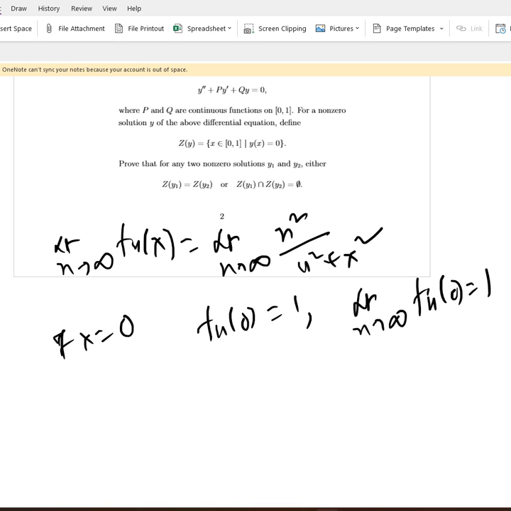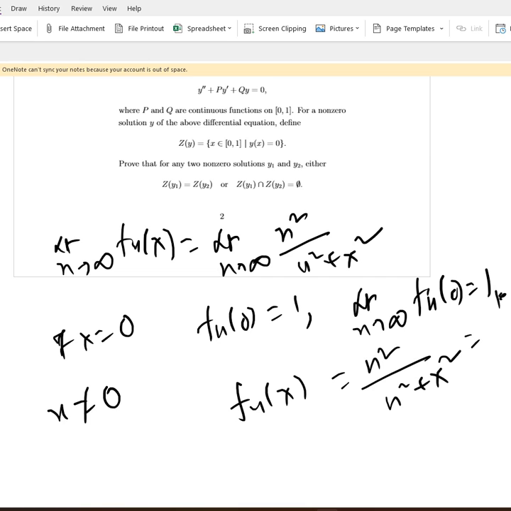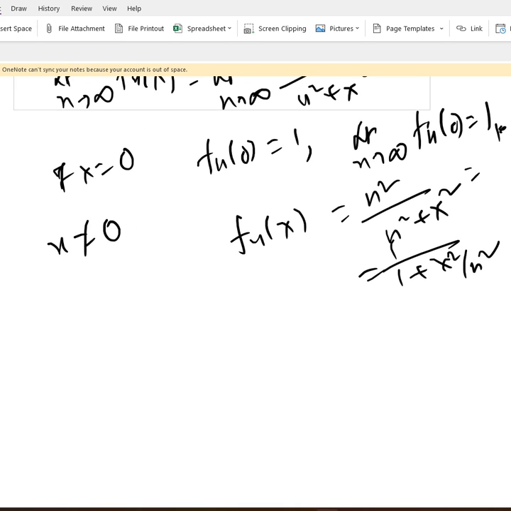If x is not equal to 0, then for large values of n, dividing numerator and denominator by n square, f_n of x is 1 by 1 plus x square by n square. Since x square by n square tends to 0 as n tends to infinity, it follows that f_n of x tends to 1 for all x.